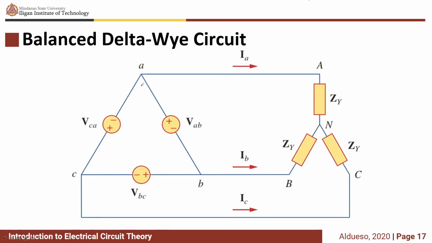So the last configuration is a delta to Y circuit. We learned how to transform this delta connected source into a Y connected source. So having this configuration, we can convert this into a Y source and then perform per phase analysis.